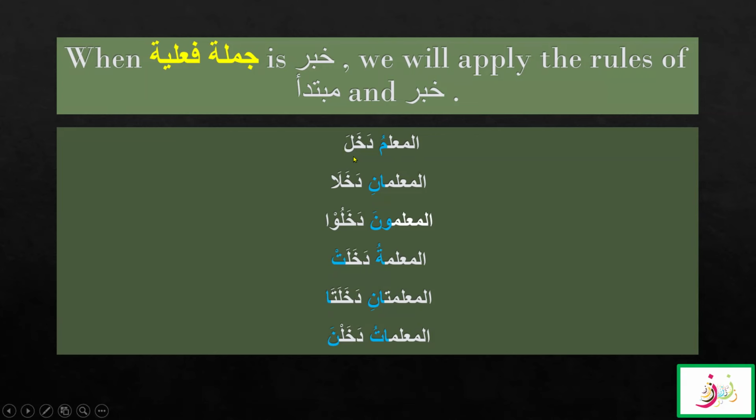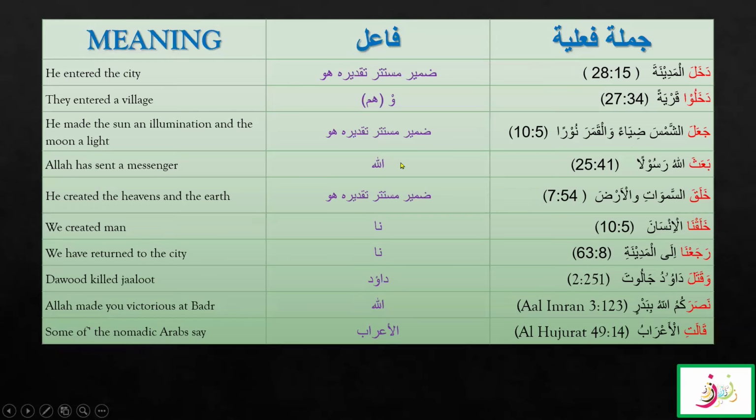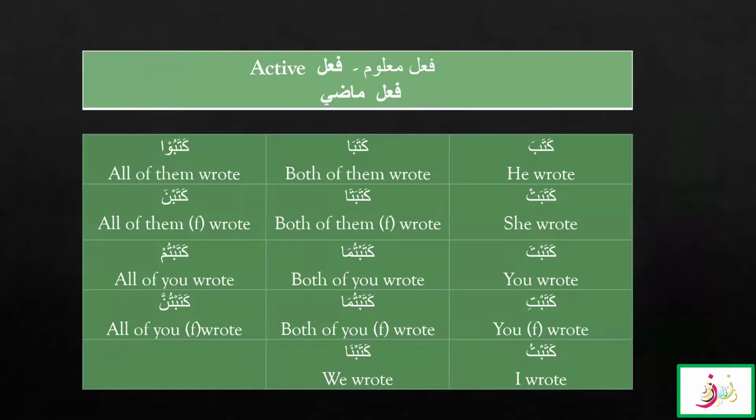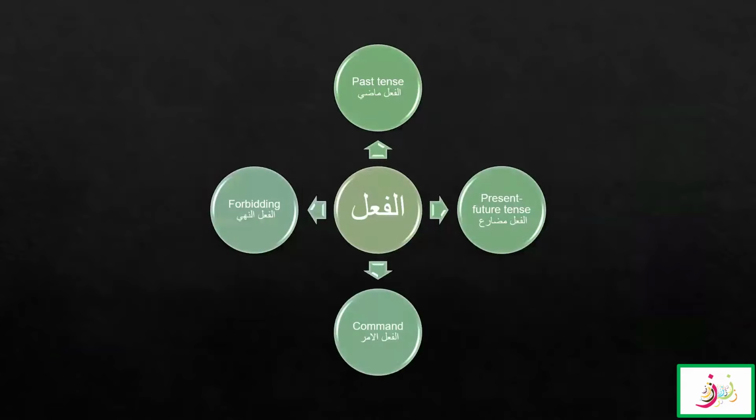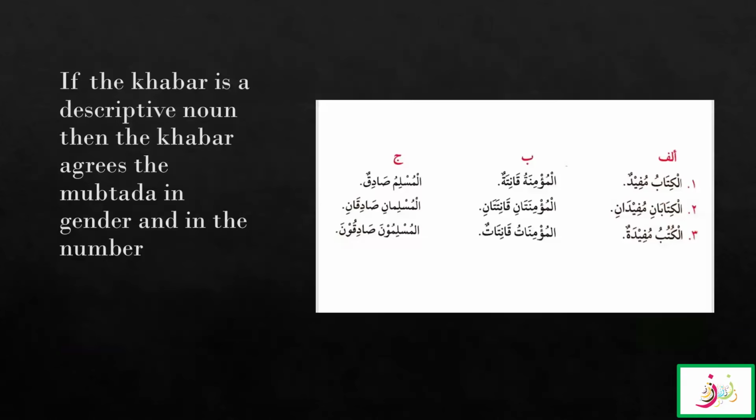So here, dakhala, he entered. So here, al-muallimu dakhala, you know that it is mubtada and khabar. Now here, khabar is not a descriptive noun, just like we learned before, where a khabar was a descriptive noun, right? They both were ism.